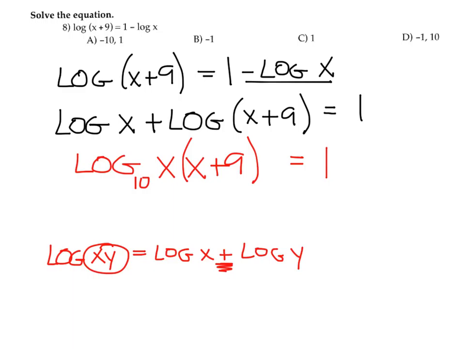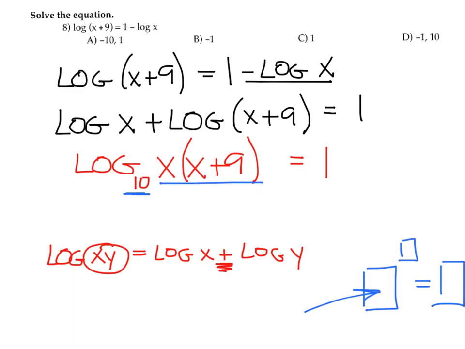It's got to be in this form here: something to a power equals something. What goes here? Your choices are this, this, or this. Not the 1. 10, yes.